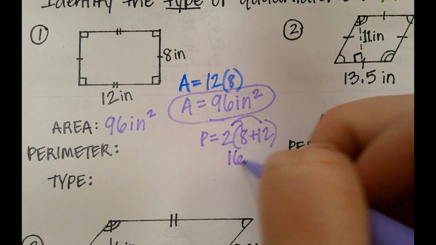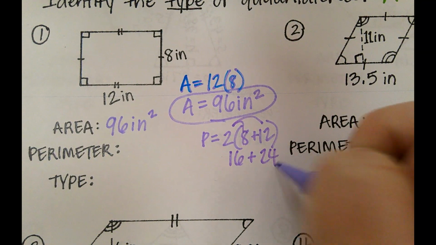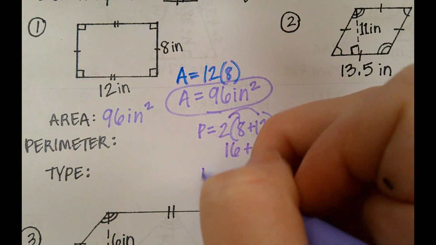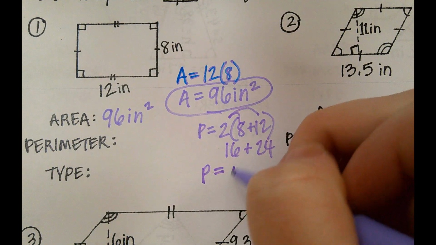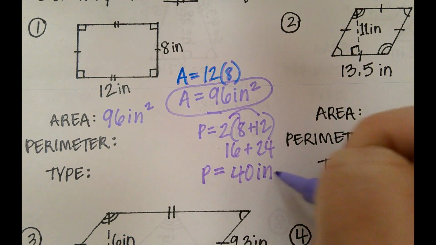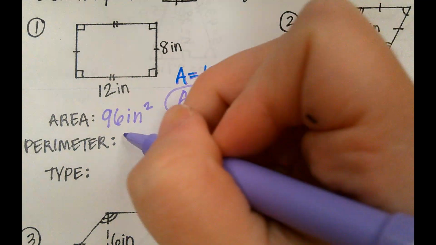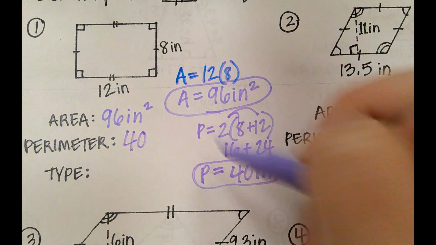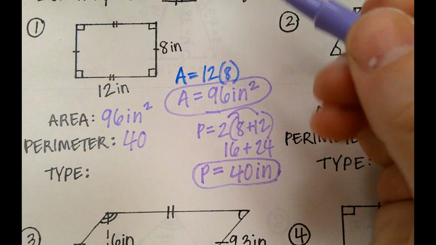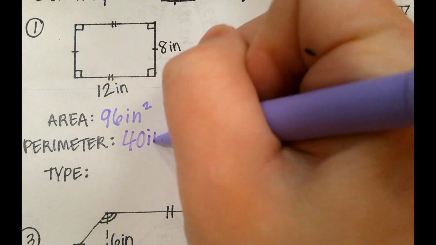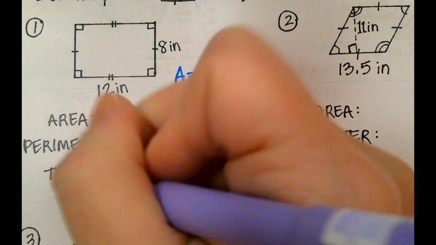That'll give us 16 plus 24. That's 40 inches. Good. Did anybody find the perimeter in a different way? Or did we all use that formula? Okay. It's a rectangle. Yes, and it is a rectangle. Good.